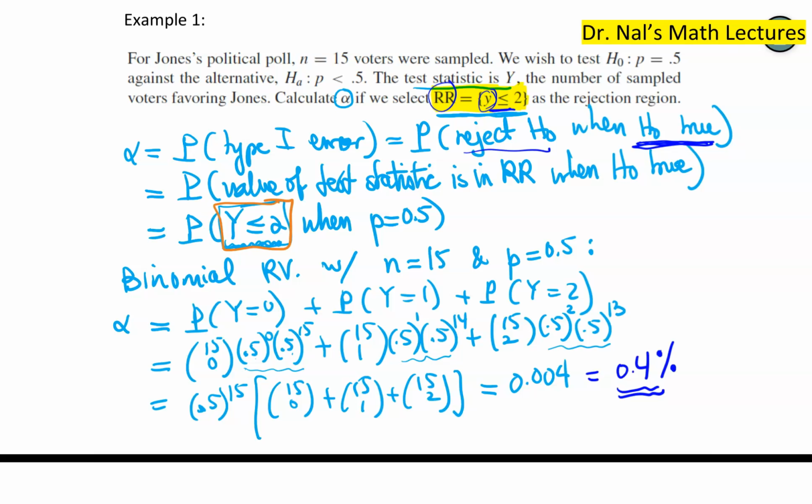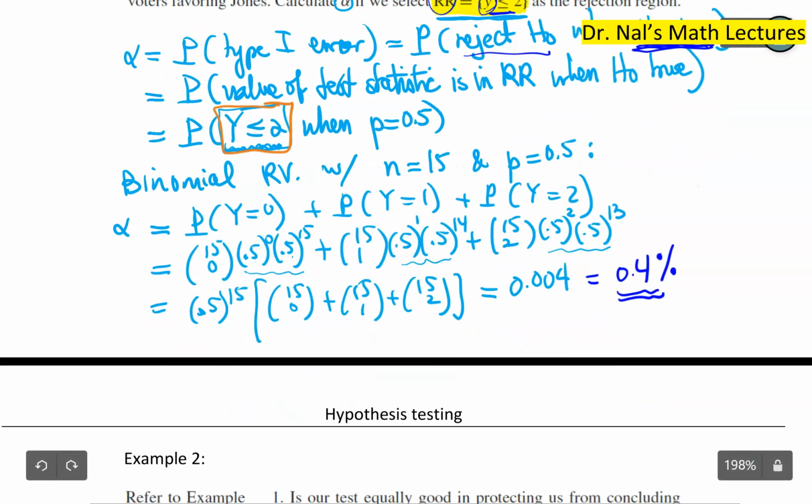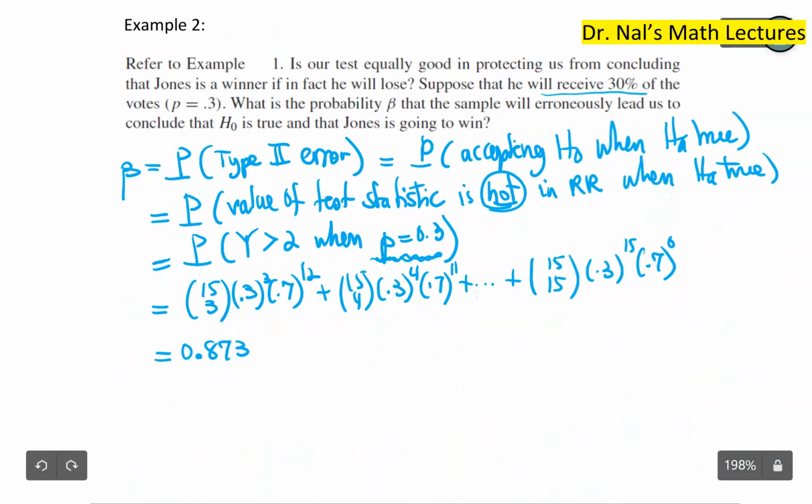While this benefited us in reducing the type 1 error, like rejecting the null hypothesis while it was true, it created a much bigger problem: if in fact the alternative is true, you might continue to accept the null hypothesis, and that's a type 2 error. So you are extremely likely to commit a type 2 error. The probability that you will be committing a type 2 error is extremely high, very close to 1.